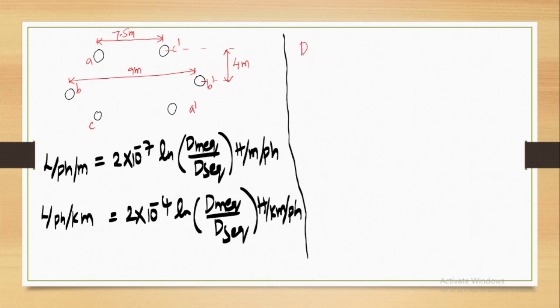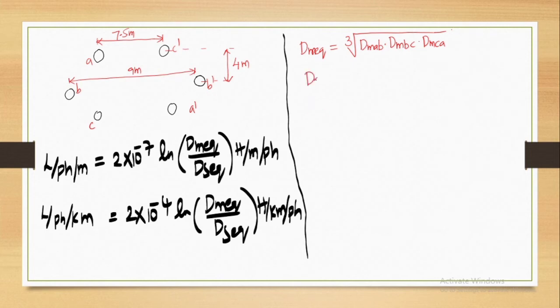Now what we need to find is dm equivalent. What is the formula for dm equivalent? It is the cube root of dm AB, means geometric mean distance between A phase and B phase, next, geometric mean distance between B and C phase, geometric mean distance between C and A phase.